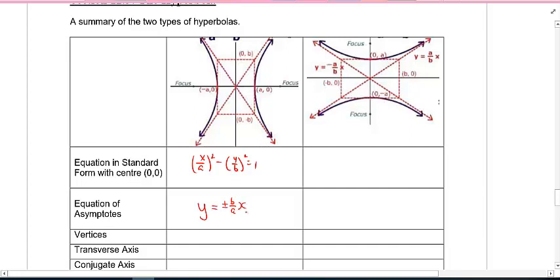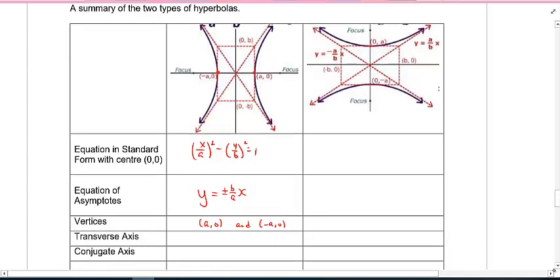Remember, the vertices are the ones that actually are part of the branches. So in this case, a comma 0 and negative a comma 0. And then we have something called the transverse axis and the conjugate axis. The transverse one is the one that touches the vertex.